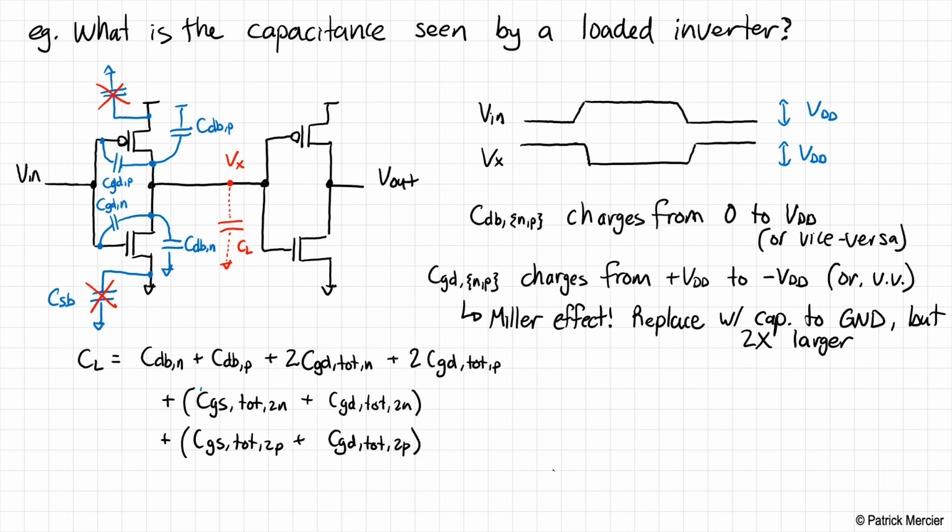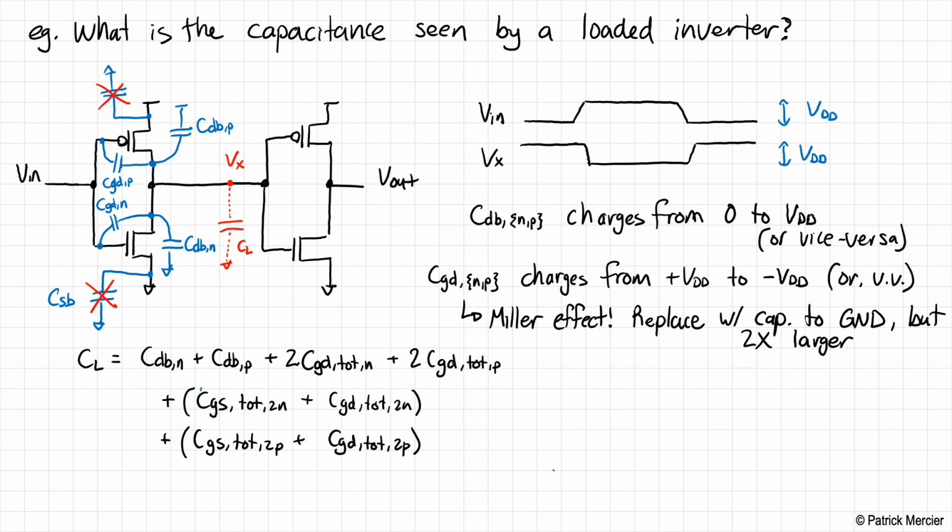Now, you might be saying here, well, hold on a second. We used a factor of 2 due to the Miller effect for the CGDs of that first inverter, and now we're not including that factor of 2 for the CGDs of that second inverter.